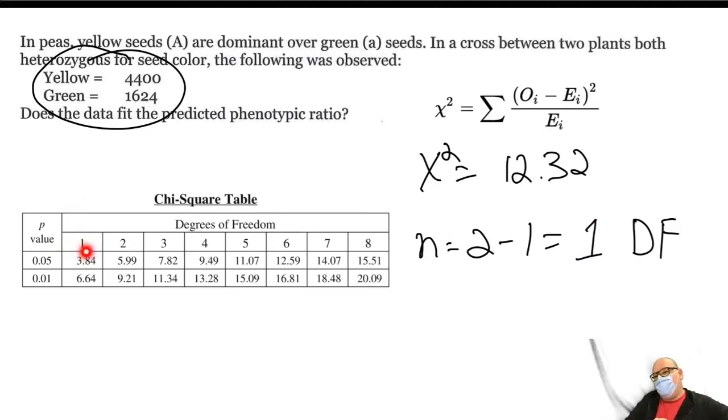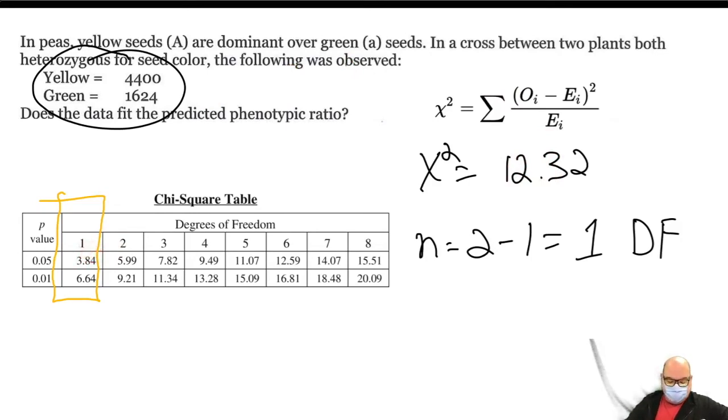If you start doing dihybrid crosses, you could get pretty high up on that degree of freedom table. So the area of this table we're worried about is right here. The one thing you want to pay attention to is, is this chi-square value greater than or less than the table value?